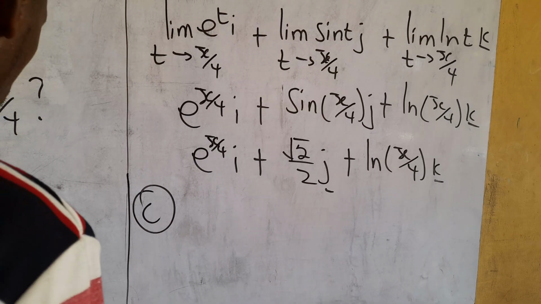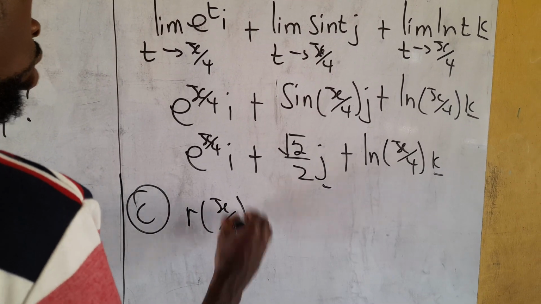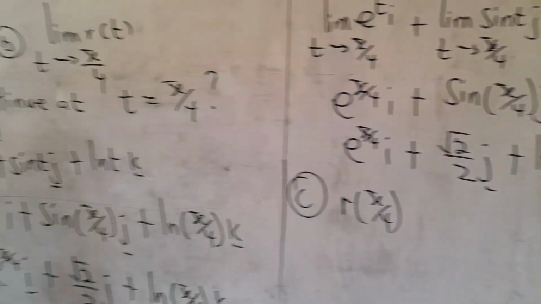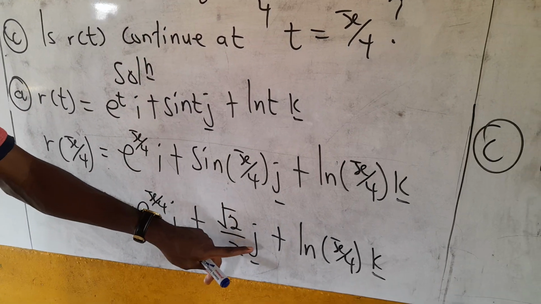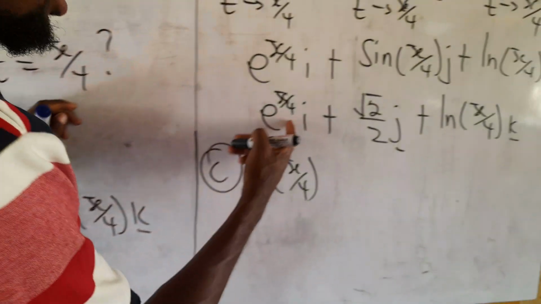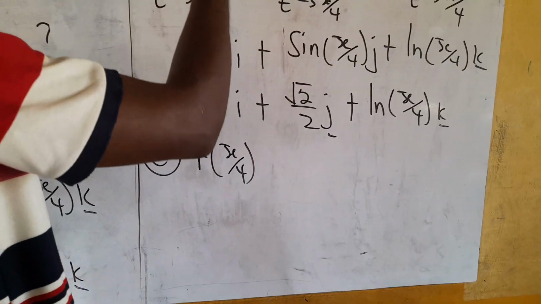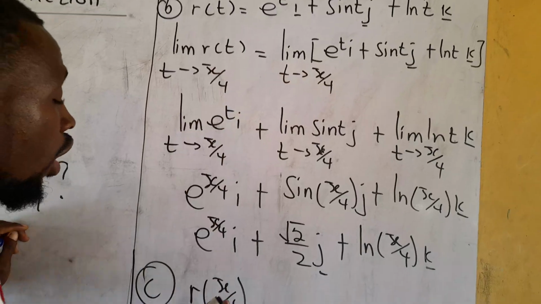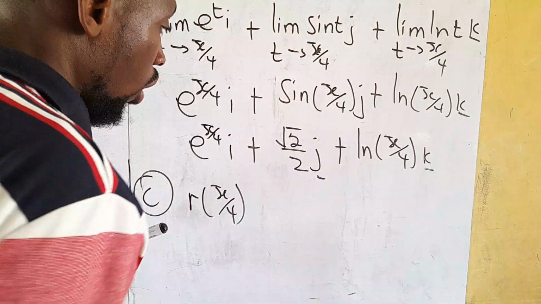So this is our B part of the equation. Now the C part. You can realize that our r of pi over 4, which is equal to e^(pi/4) i plus root 2 over 2 j plus ln pi over 4 k, is equal to the limit of r of t as t approaches pi over 4, which is e^(pi/4) i plus root 2 over 2 j plus ln pi over 4 k.